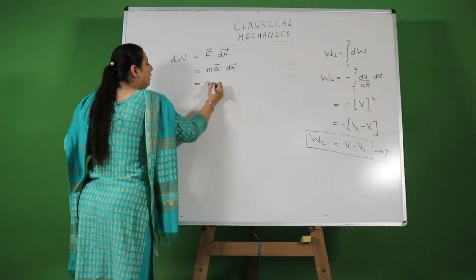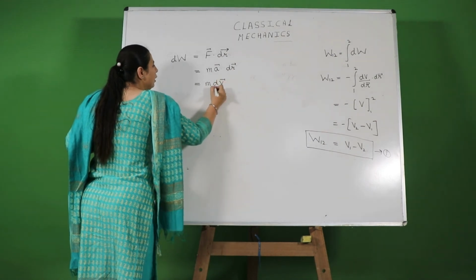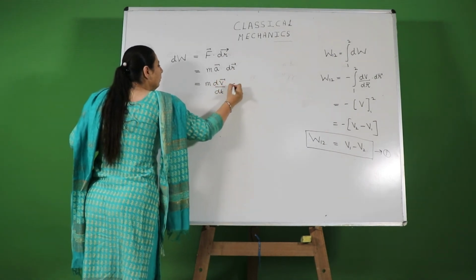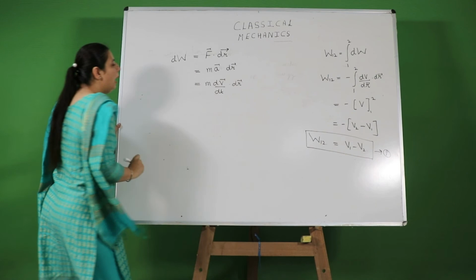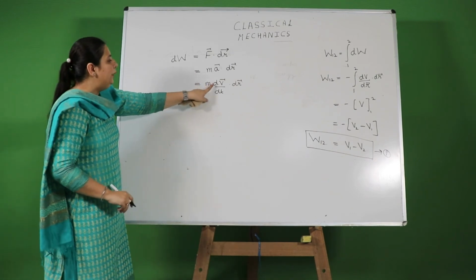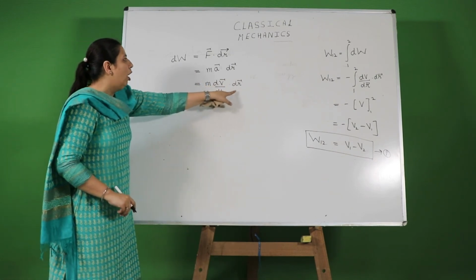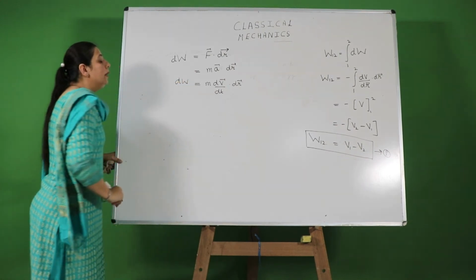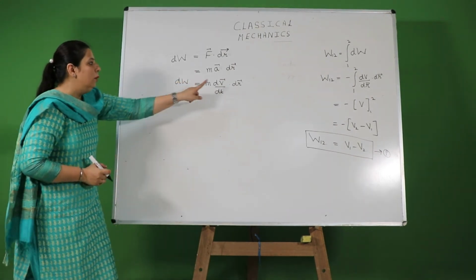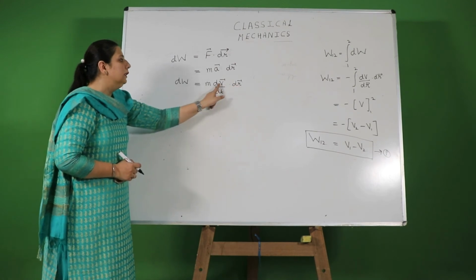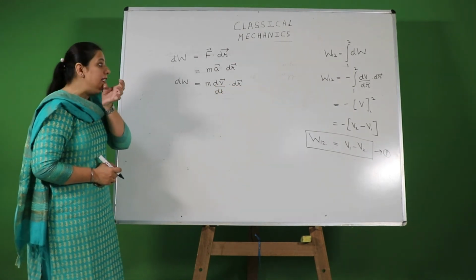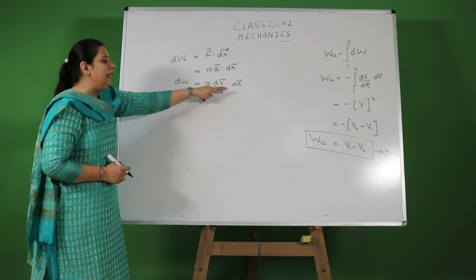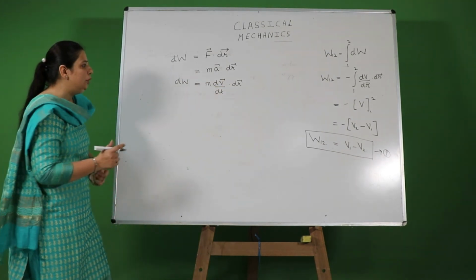Acceleration is nothing but rate of change of velocity. So I have mass into dv by dt dot dr. This is my work done. Now I have two variables here. One variable is r, the other variable is v. I will try to change two variables into one.